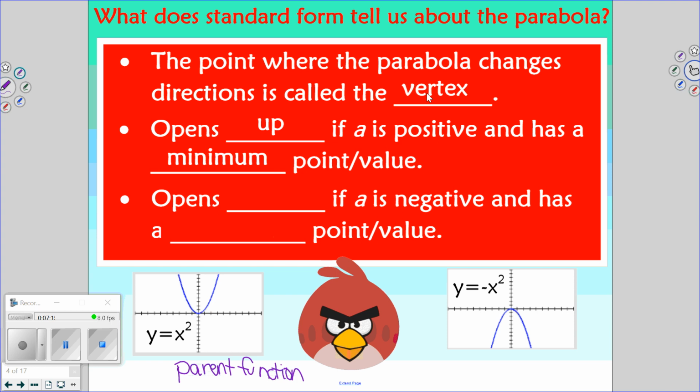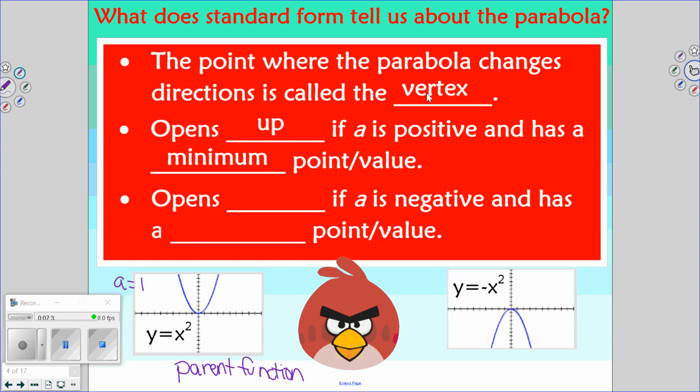All right, parent function is just the most boring plain Jane quadratic you can get, right? It's just y equals x squared. There's no bx, there's no c, there's no a value other than 1. But what's the a value on this one? A equals 1. That means it's positive, right?